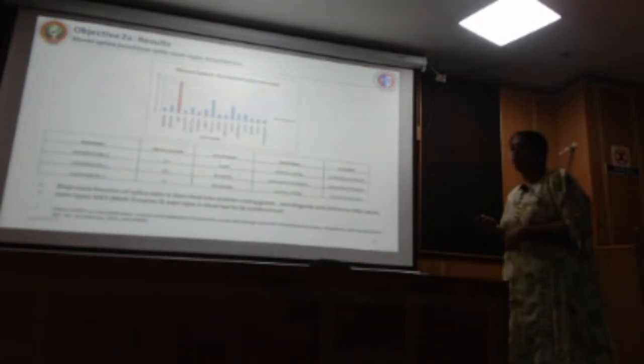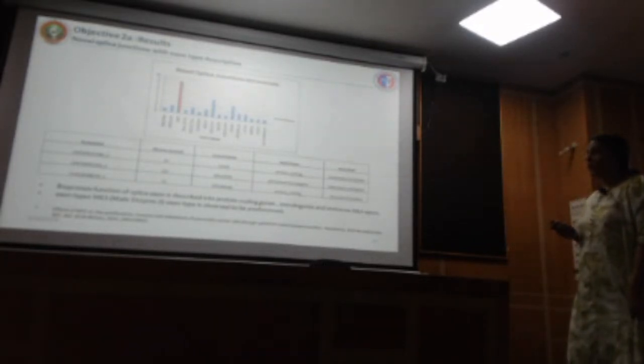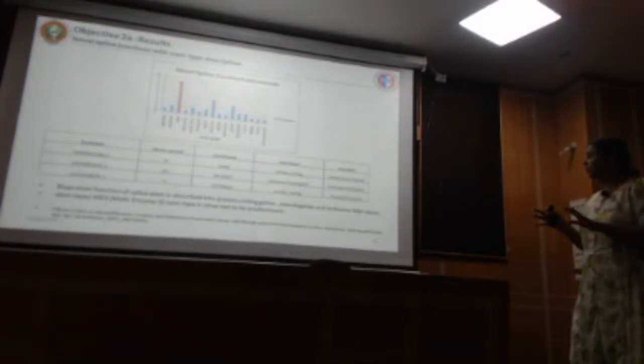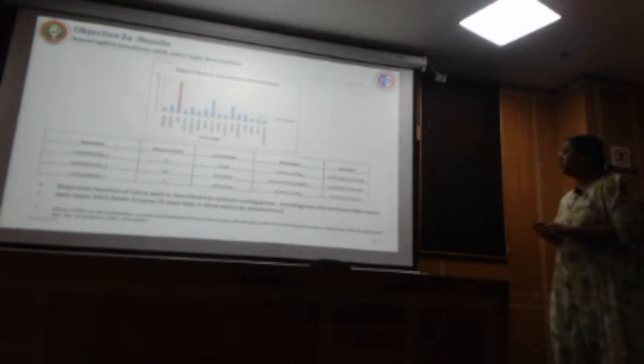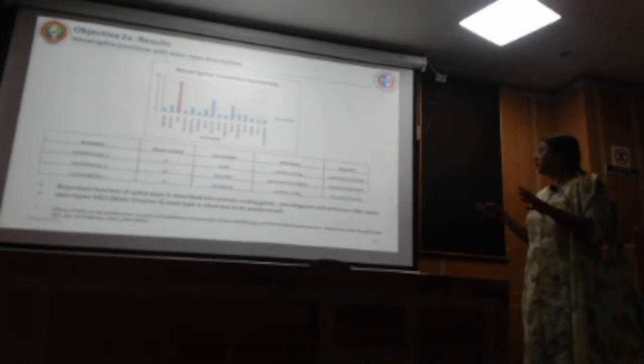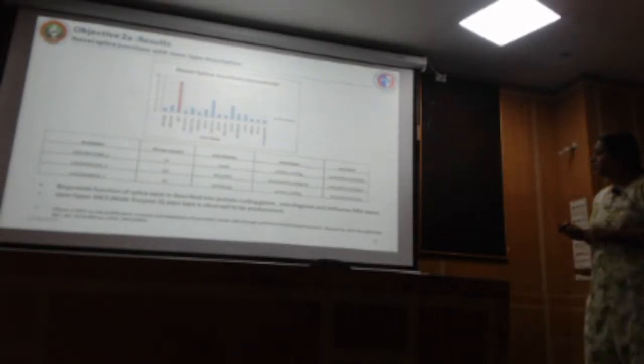Coming to the novel splice junctions, here we have around 38 different novel splice exon types which have been identified, and they have been categorized into protein coding, pseudogenes, and antisense RNA exons. One more important observation here is that ME3 is one type which has been predominantly observed.